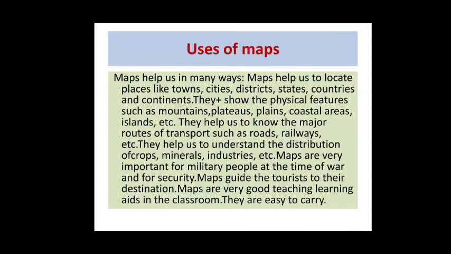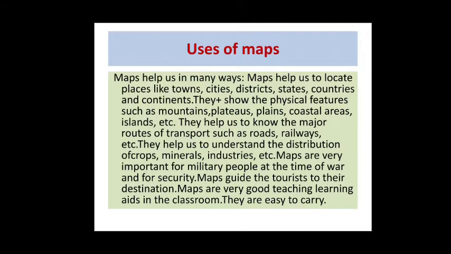Maps help us to locate places like towns, cities, districts, states, countries and continents. They show physical features such as mountains, plateaus, plains, coastal areas, islands, etc. So it is easy to identify them on maps.